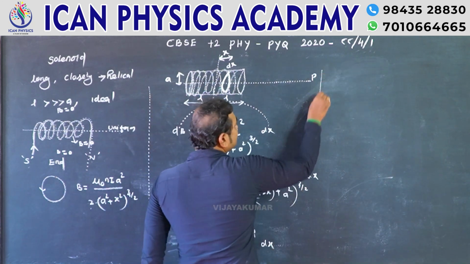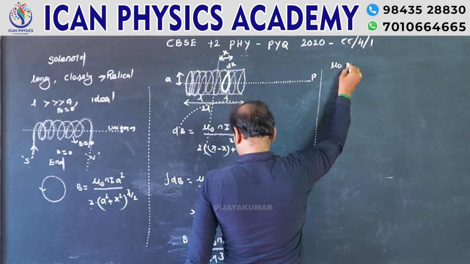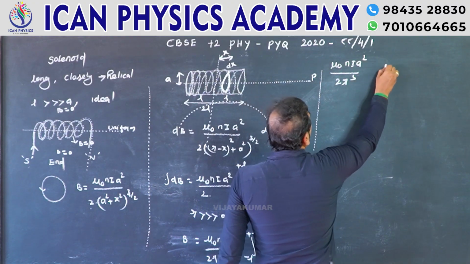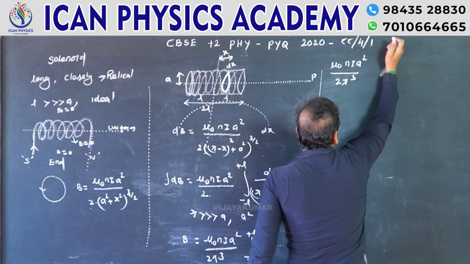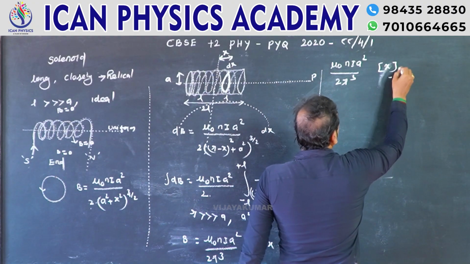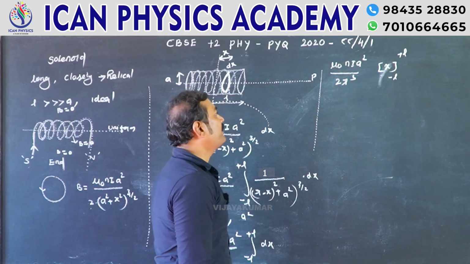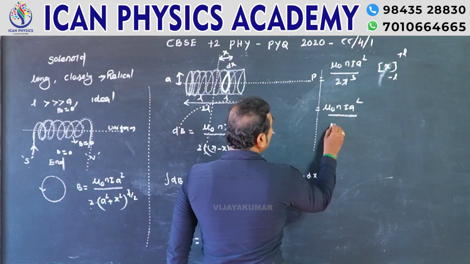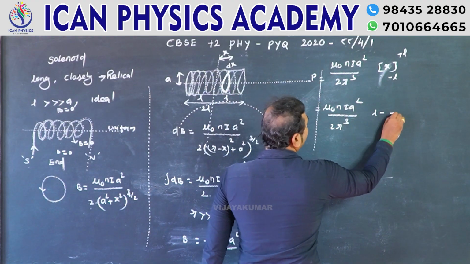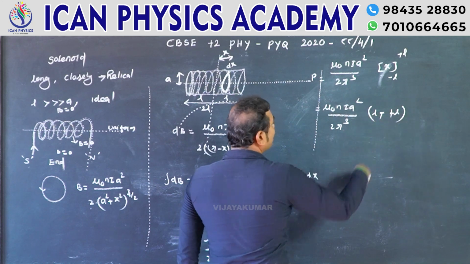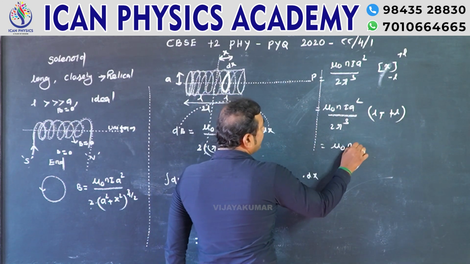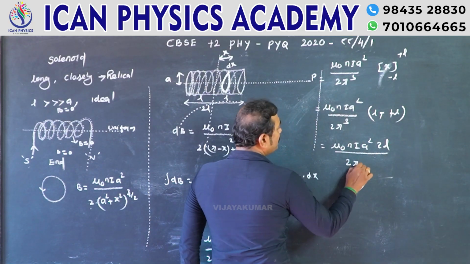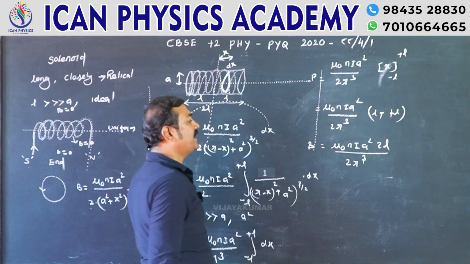When you integrate dx, it becomes x with the limits minus L to plus L. Next, upper limit minus lower limit. So, mu naught N I A square by 2 into R cube, upper limit minus lower limit. So minus minus becomes plus. So mu naught N I A square into 2L divided by 2 into R cube is the magnetic field.